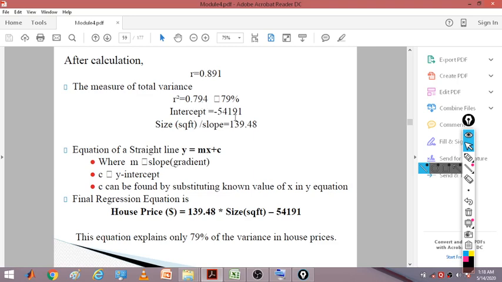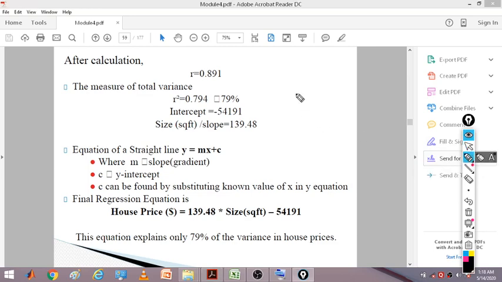Intercept means, if I plot a graph like this, this is the intercept point. m always defines the slope, and c defines the intercept.